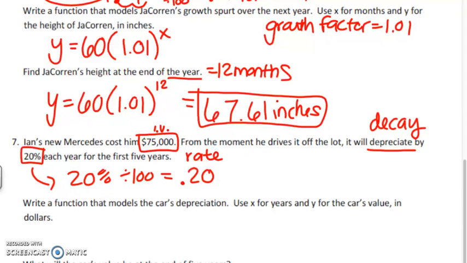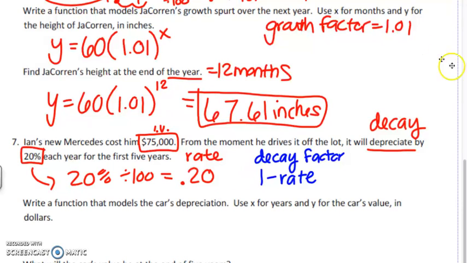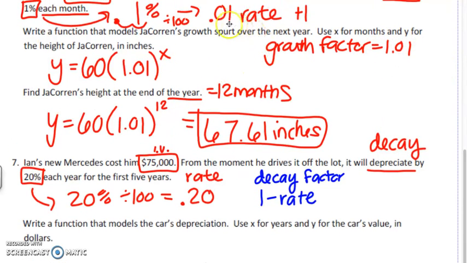Okay, for a decay problem, you have to, again, find the decay factor. And to do that, you have to do 1 minus your rate. Okay, so on the previous problems, I've always added 1 to my growth factor. So up here, again, I added 1 because my rate was 0.01 because it was growth.